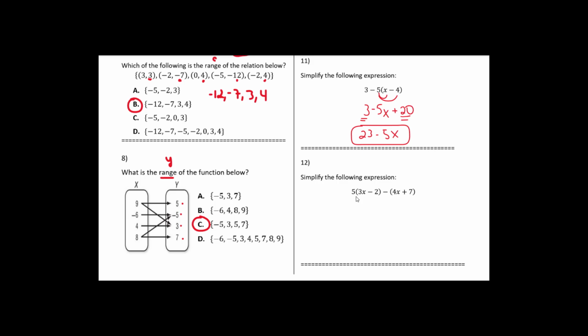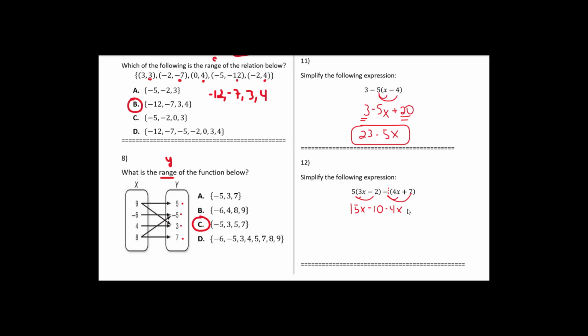The next one, same thing. We're going to eliminate parentheses. And please remember, if there's no number in front of the parentheses, you put a 1. So 5 times 3 is 15x. 5 times negative 2 is negative 10. Negative 1 times 4 is negative 4x.